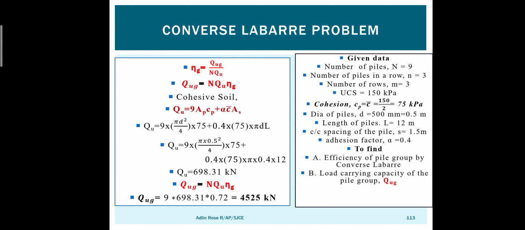So into 0.72 will give you 4525 kilonewton. So this is going to be the load carrying capacity of the pile group.